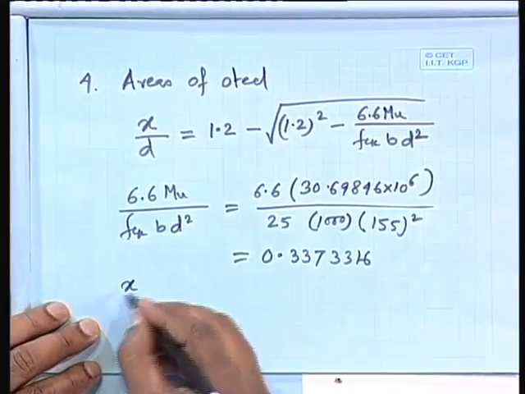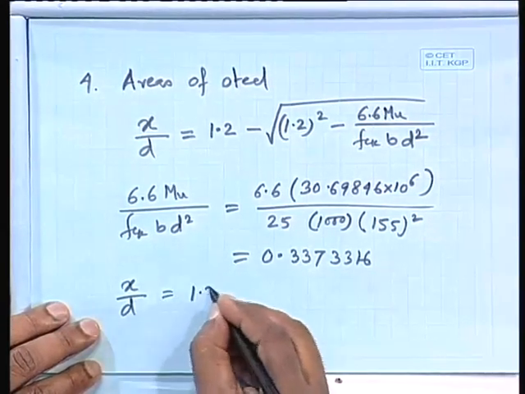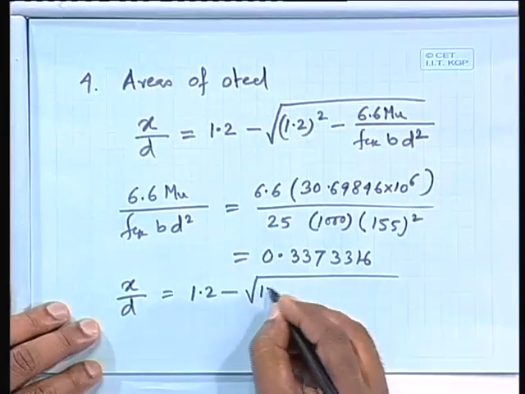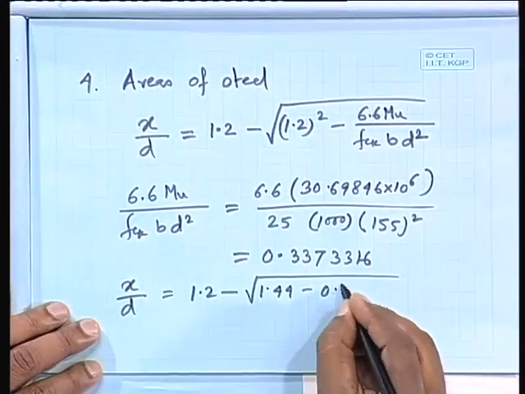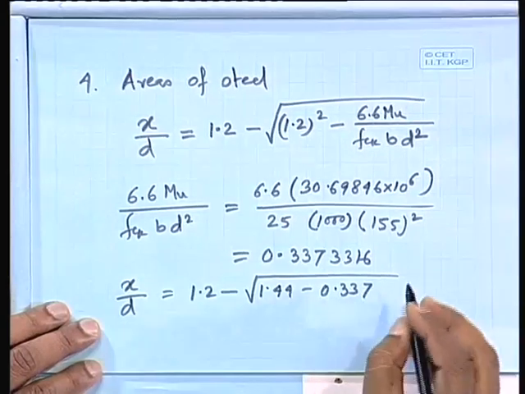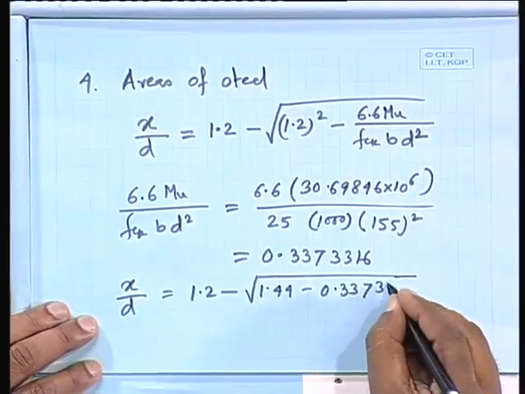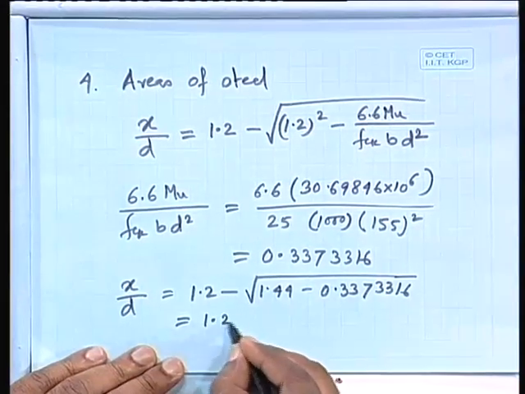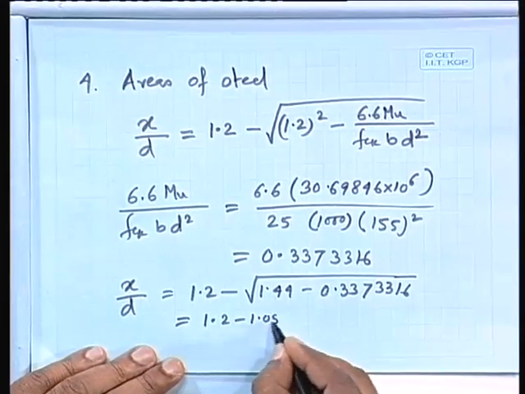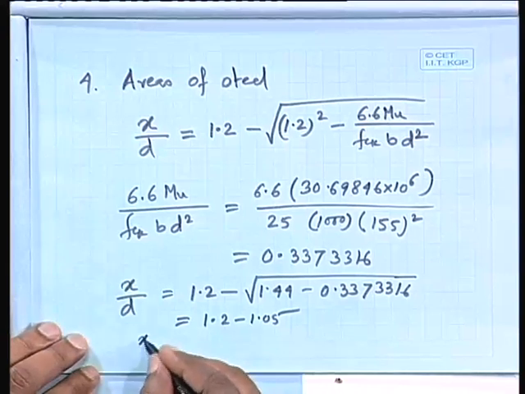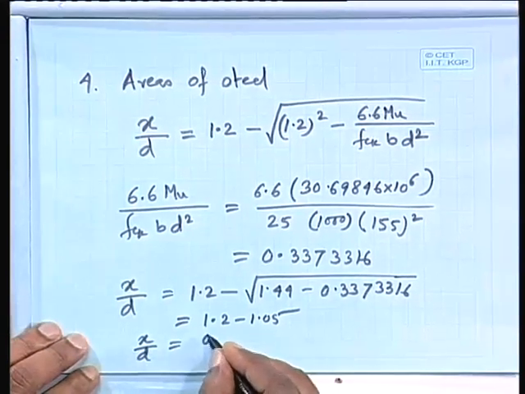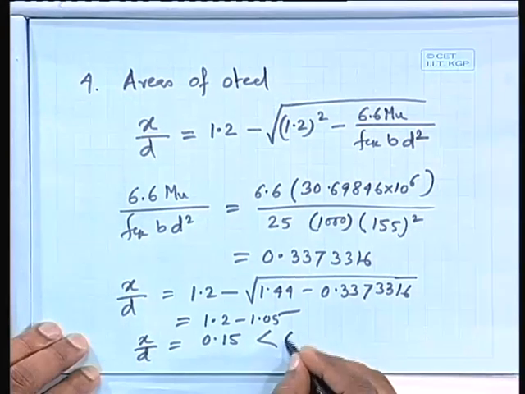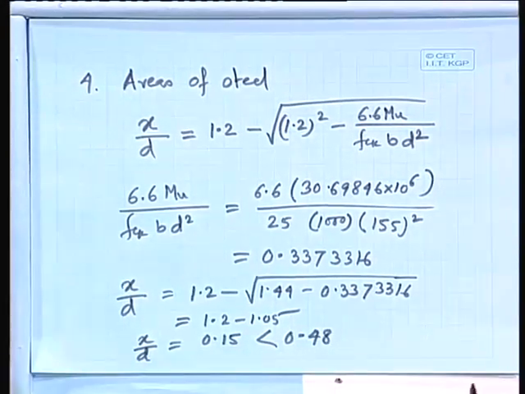So x by d equals 1.2 minus root over (1.44 minus 0.3373316), which equals 1.2 minus 1.05. So x by d equals 0.15, which is less than 0.48 for Fe415, and that we have to check.